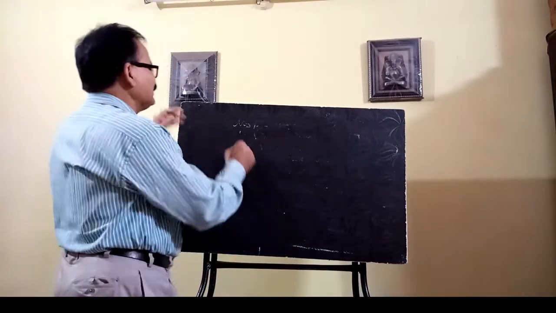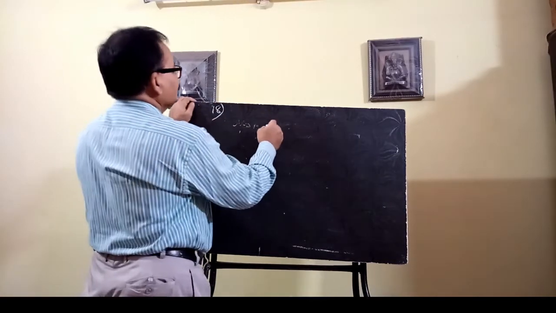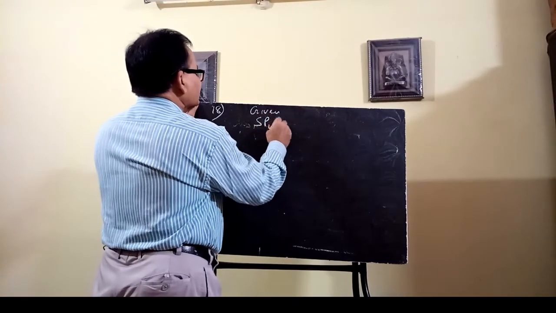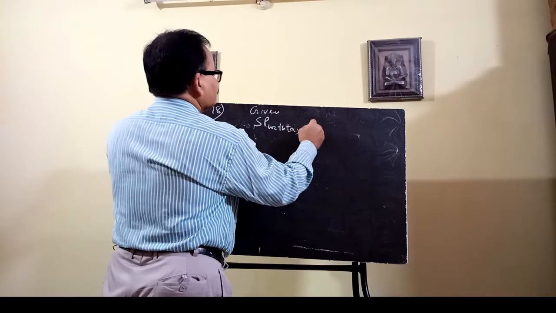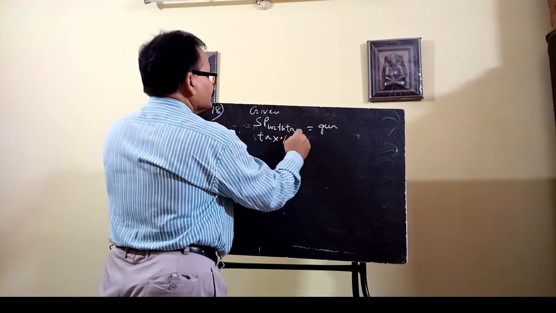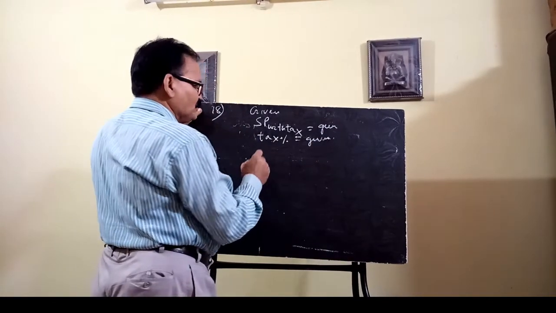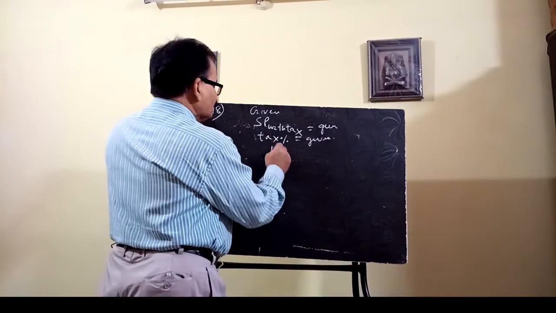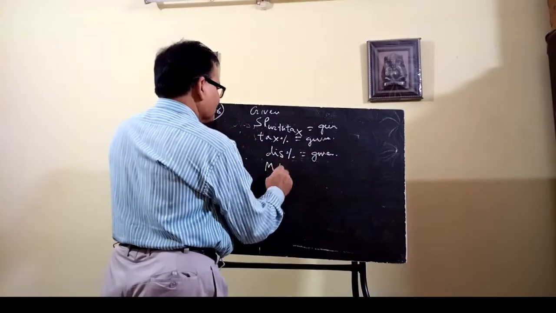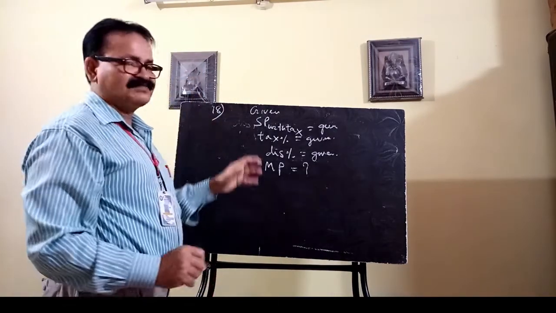That is, the reverse condition may also be possible. Suppose in this question, this is type 18, the given part is SP with tax. Tax percentage is also given, and discount percentage is also given. You have to find out the MP. So what is your first priority?